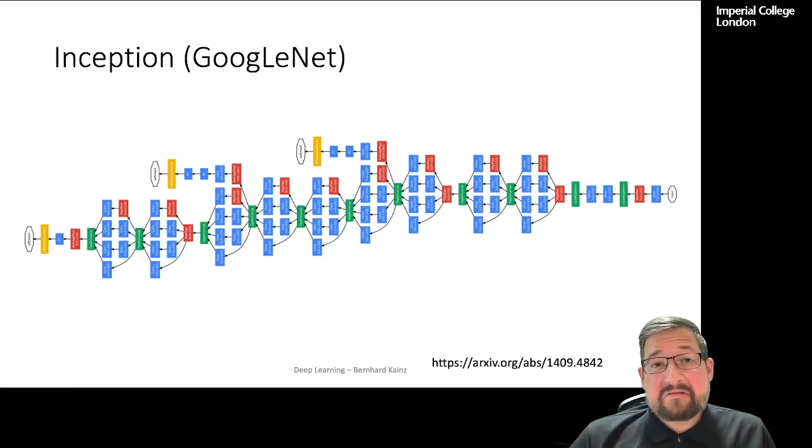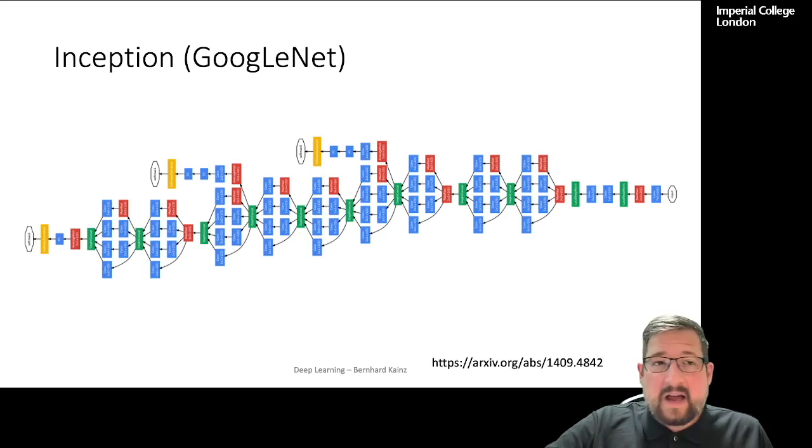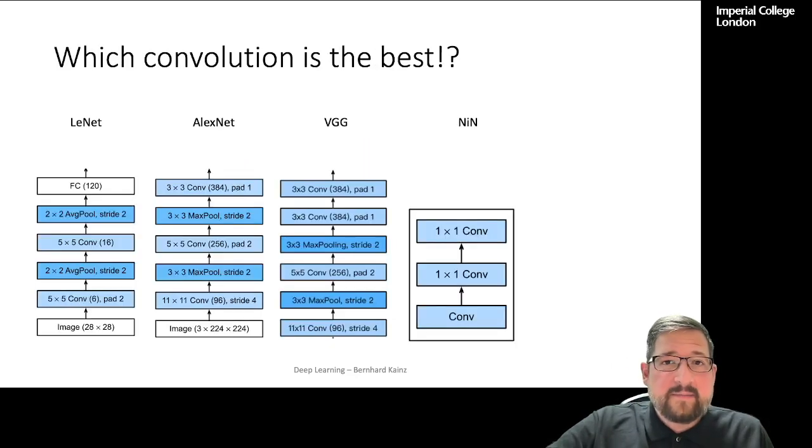So it's this unique parallel structure that made Inception a go-to architecture for many more complex tasks. The effectiveness comes from not having to decide what convolution and what kind of combination you have to use. The only thing an Inception block needs to make sure is that the output is at a defined size. You'll see in a moment how this is done.